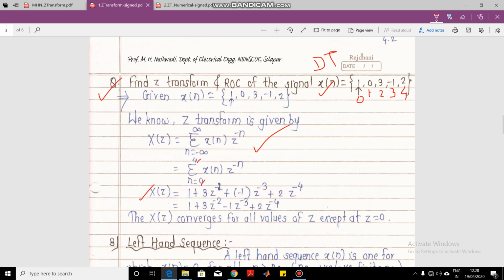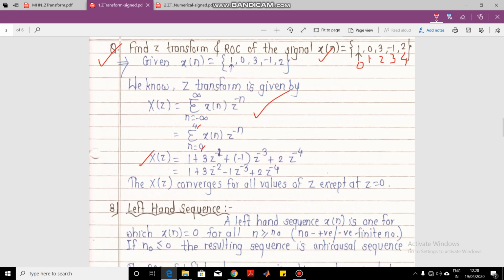So you have got this equation of x of z. Now it is over, but along with this x of z, you also have to specify the values of z for which it is finite. Will this equation always be a finite value? The answer is no, because if you put z equal to 0, see, this equation is 1 plus 3 into z raised to minus 2. 3 into z raised to minus 2 is nothing but 3 upon z square.